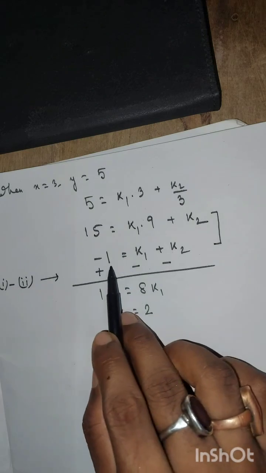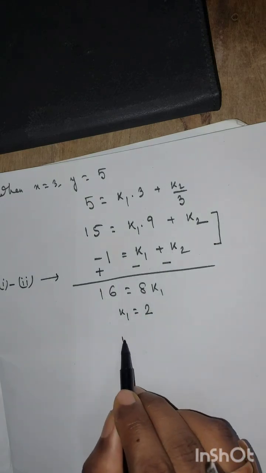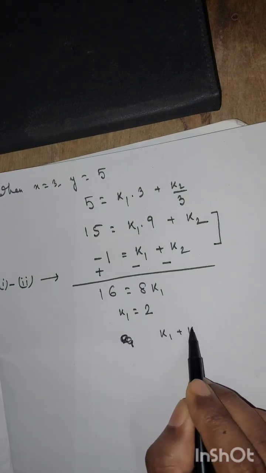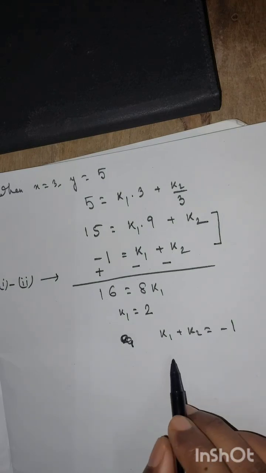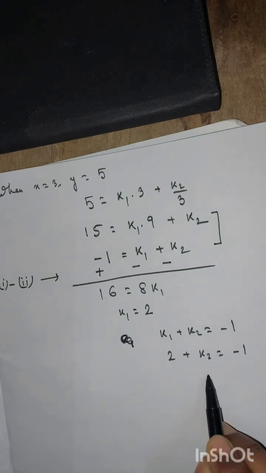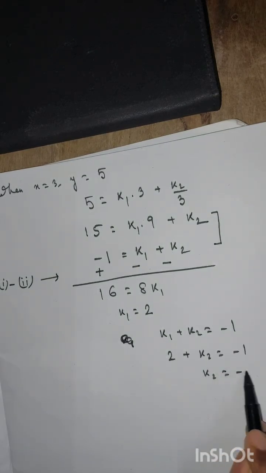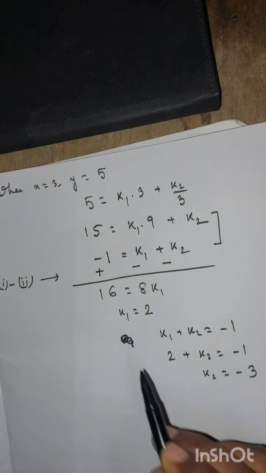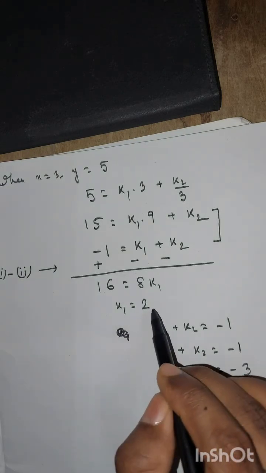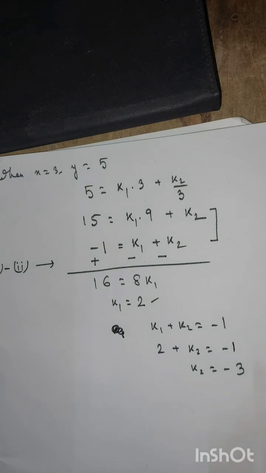And again from this equation we can write k1 plus k2 equal to minus 1, and if k1 is 2, then k2 should be minus 3. So now we have k1 equal to 2, k2 equal to minus 3.